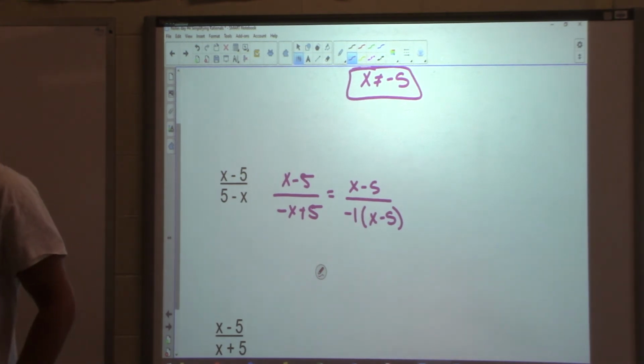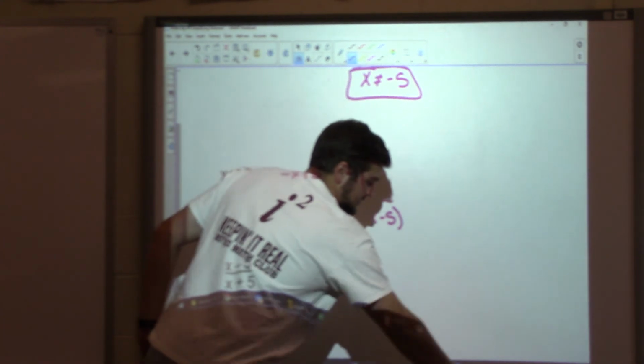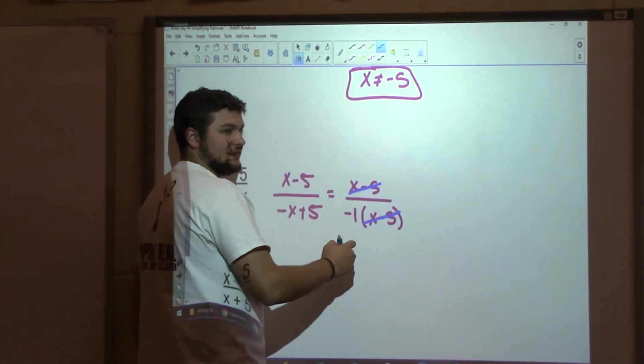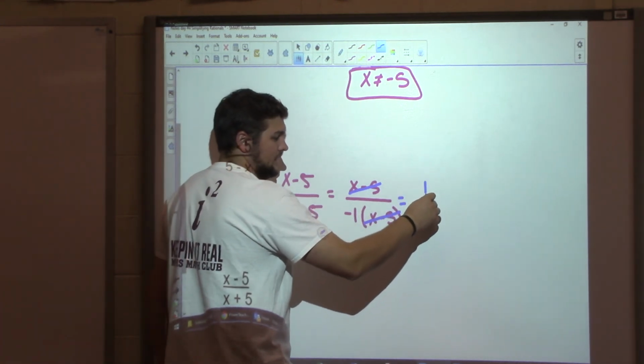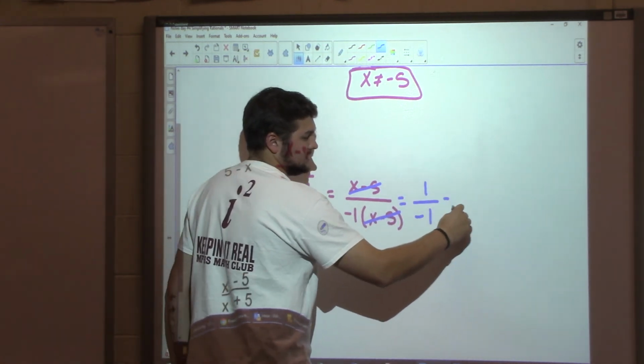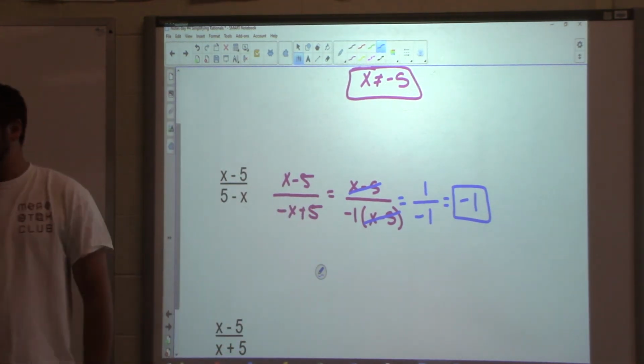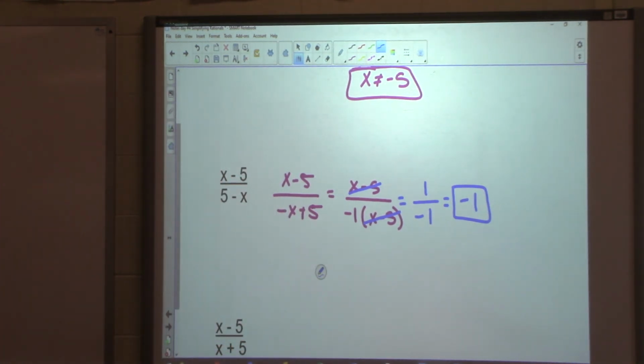Now I have like terms, x minus 5 and x minus 5. I'm left with 1 over -1, which is -1. So if you have a negative x value, factor out a -1. See if that'll help.